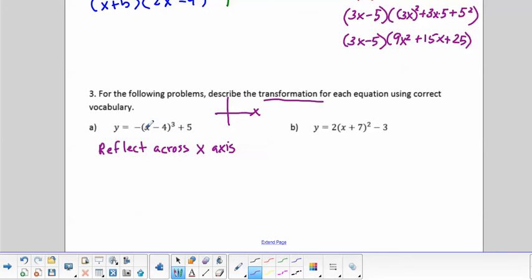Okay, the x minus 4 is a tricky one because remember that anything that happens to the x happens inversely, so that instead of going left 4, you're actually going to go right 4. And the plus 5, that happens to the y. And so that one happens exactly as you see it. It's going to go up 5.